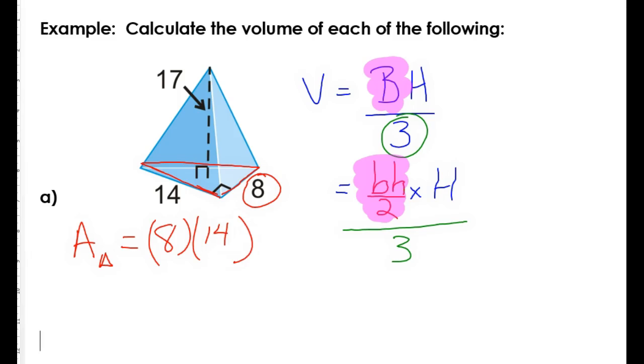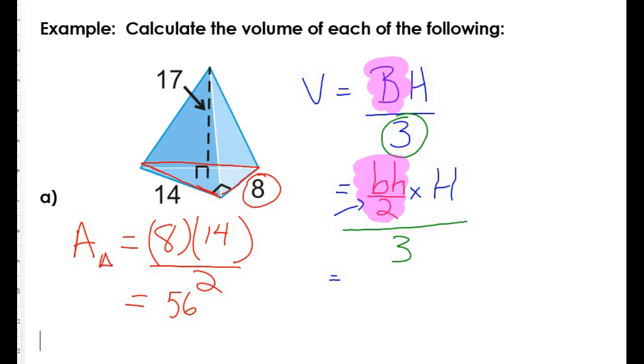And then when I divide that by 2, that will give me its area, right? So 7 times 8 is 56. And so 56 square units is what my base is. So I can plug that in directly right in here, or I can solve it separately, as I did here.